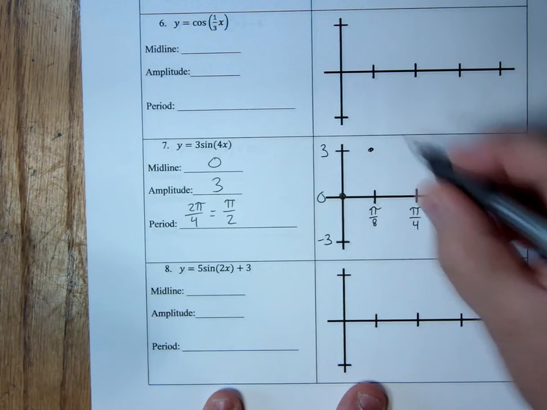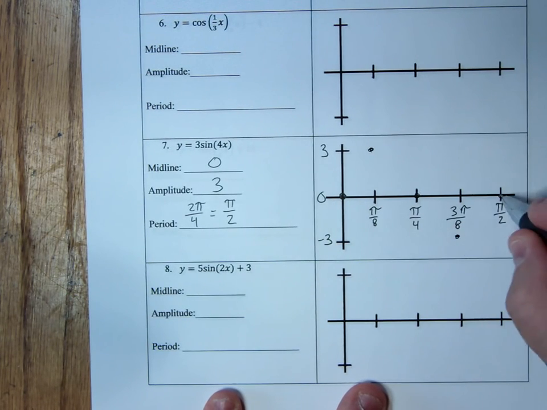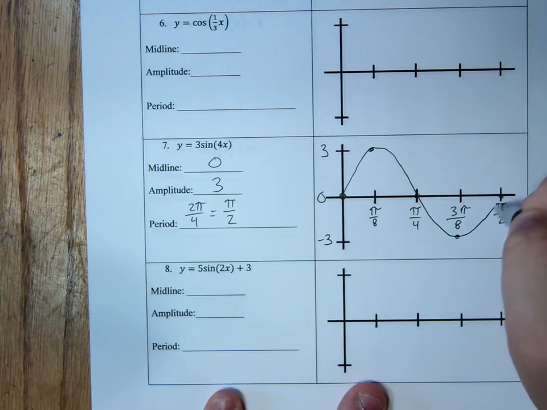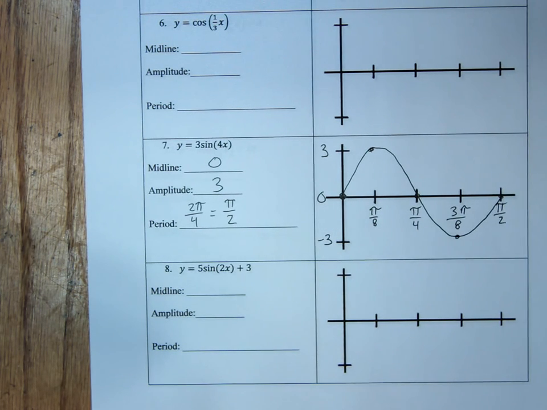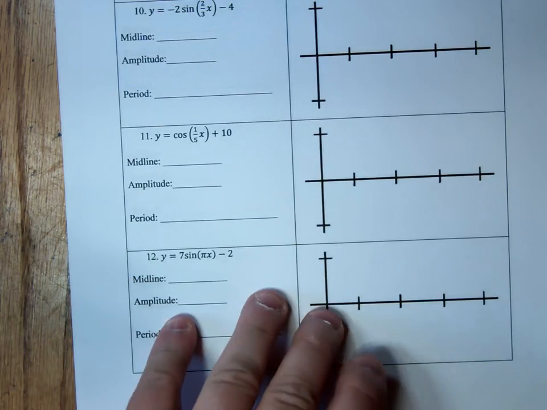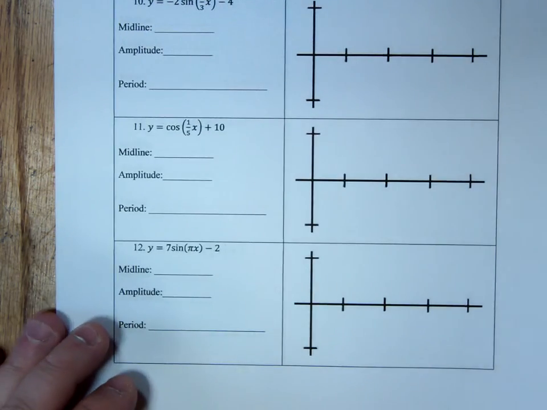Middle goes to the top, middle, bottom, middle. And that is a very short wave because it only takes pi over 2 to complete. Alright, I'll let you try number 8. Number 9 we've done, pi over 2.